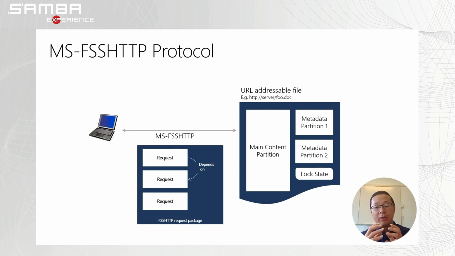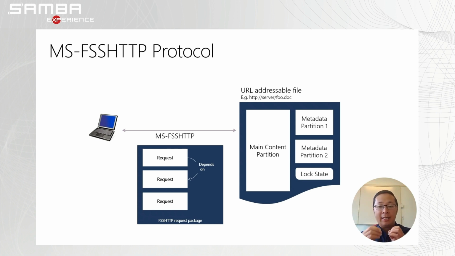The FSSHTTP protocol request is kind of unique because to achieve better network performance, we compress a lot of requests into a package. We call it a request package. And each of the requests can depend on other requests. That is very unique, but the performance is very good. The details are covered in this protocol, MS-FSSHTTP.